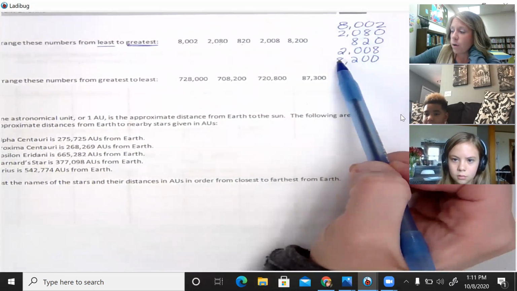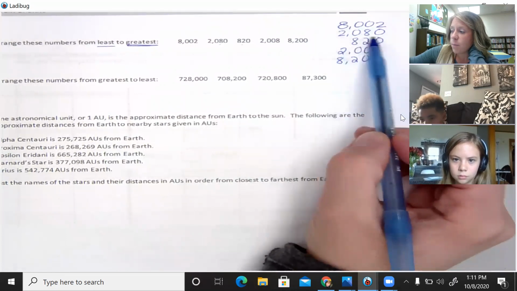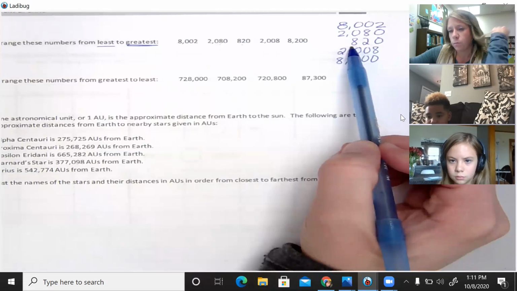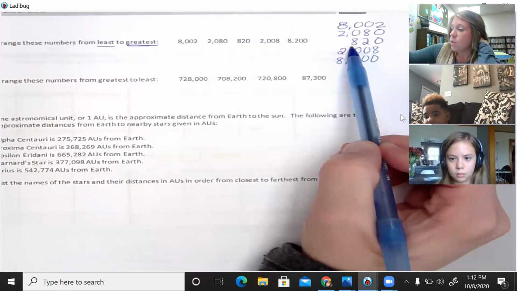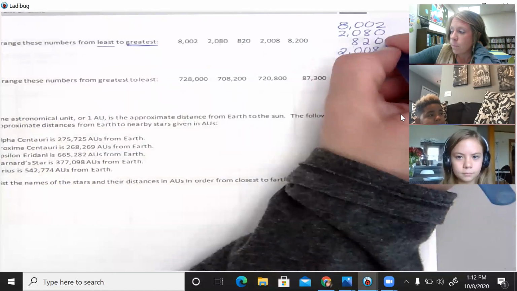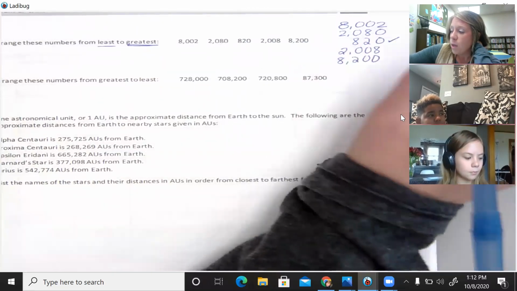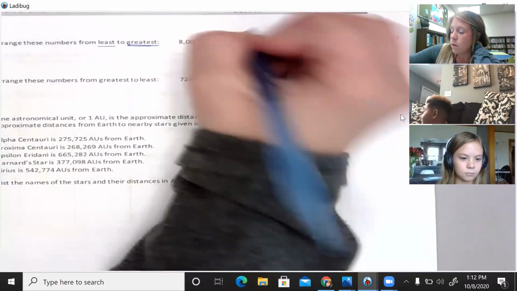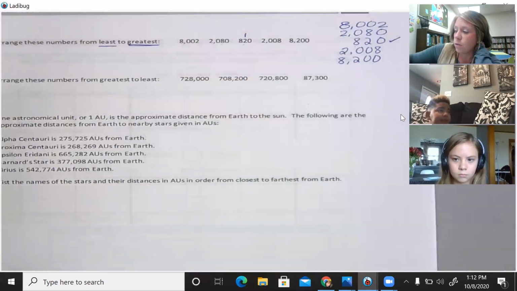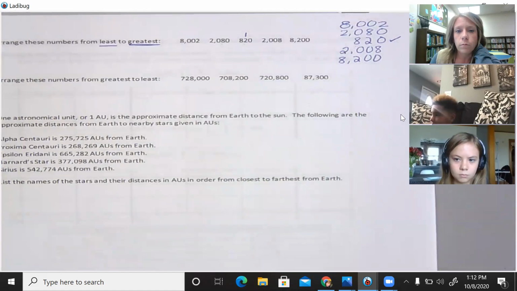So those are all bigger because this number only has what as its largest place value? 8. Well, in the hundreds. It only has hundreds. So this would be the smallest. So I'm going to put a check mark by 820, because that's going to go first. I'm going to put a little number 1 there.